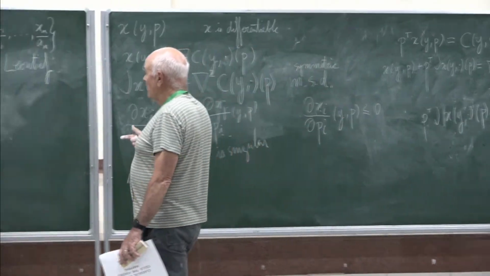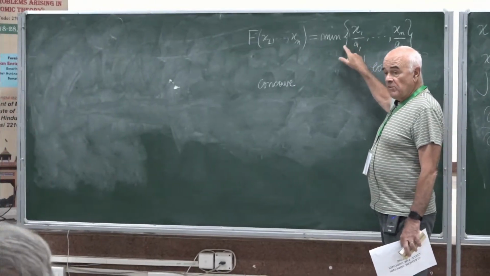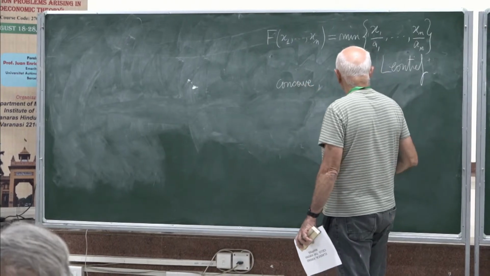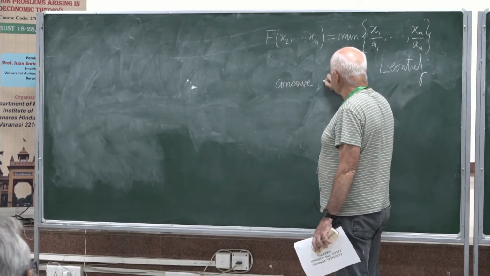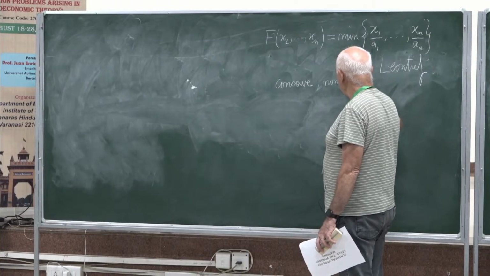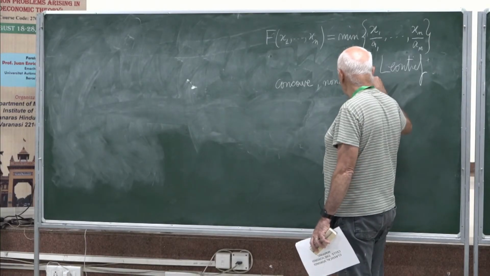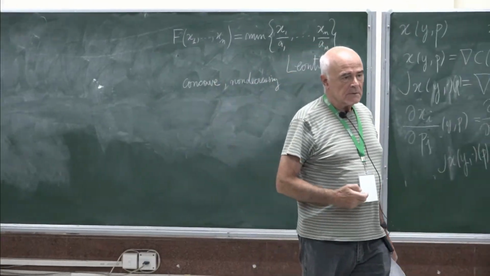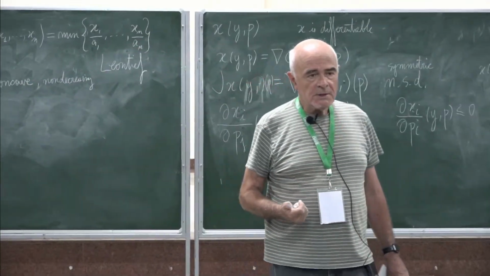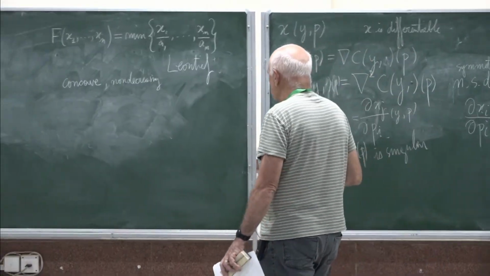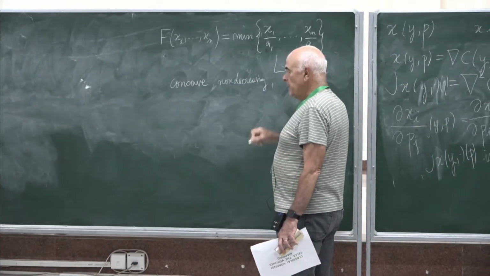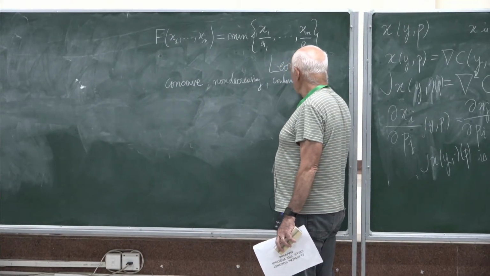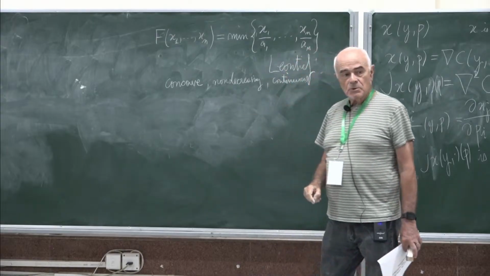Not only concave, even superlinear. It's positively homogeneous of degree 1. Then it is clearly non-decreasing. If the xi increase, then the value of the function increases. And it's not only upper semi-continuous, but continuous.